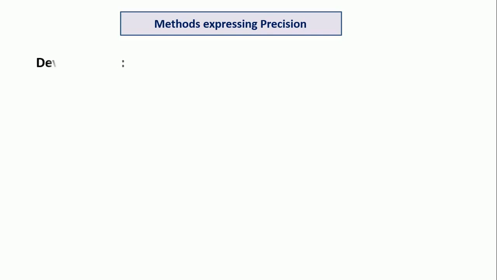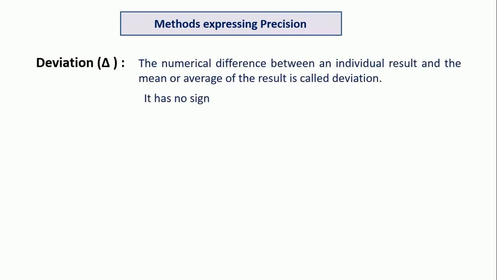See the first, deviation. The symbol is delta. The numerical difference between an individual result and the mean or average of the results is called deviation.